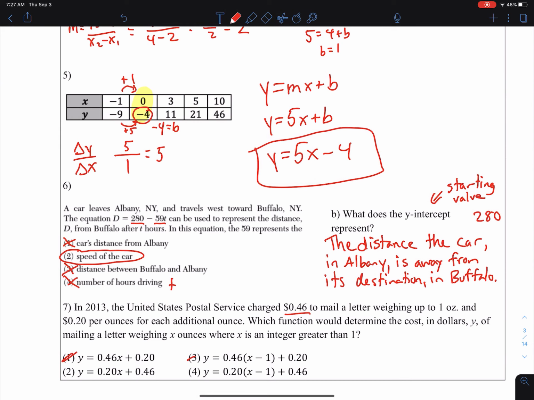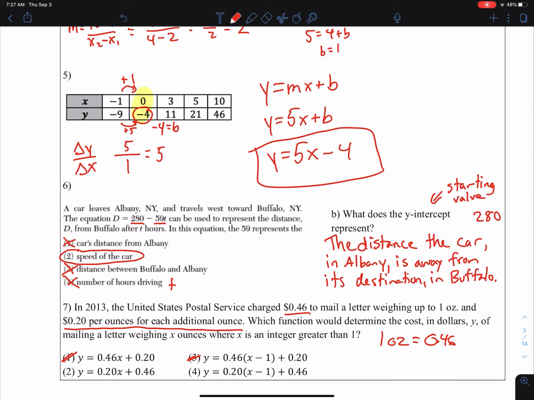Adding on the flat rate, that'd be 3. That's not adding on the flat rate of 46 cents. Okay, so now we're down to 2 and 4. Well, if you take a look at that 20 cents per ounce for each additional ounce, that's not including the first ounce. The first ounce is 46 cents, but after that, it's 20 cents.